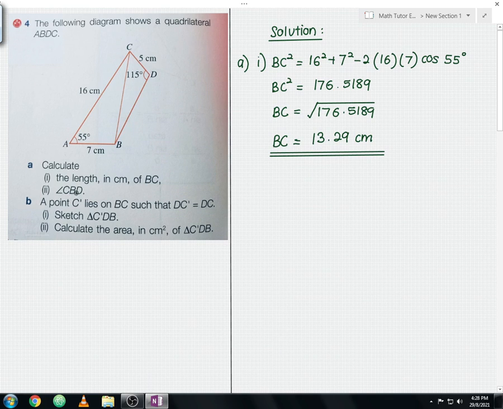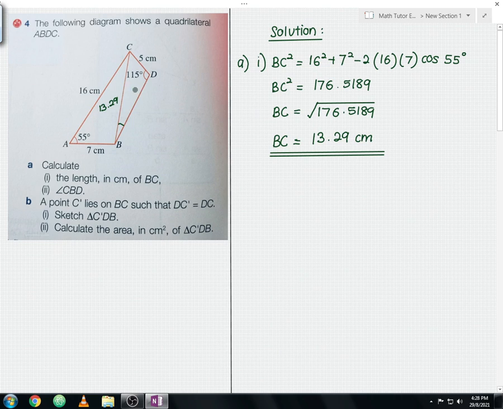Let us proceed our discussion for the question A part 2, where now we require to find the angle CBD. So where is the angle CBD? It is actually over here. Since in the question A part 1 we have already found the length BC, which is 13.29, let me just write over here 13.29. So in order to find the angle CBD, now we're going to apply the sine rule.